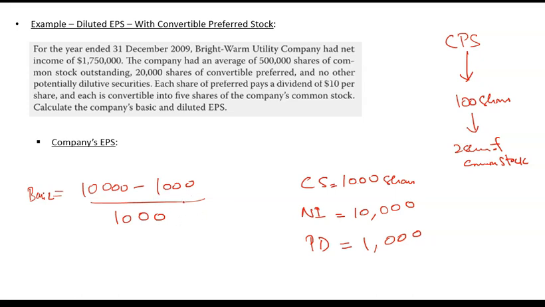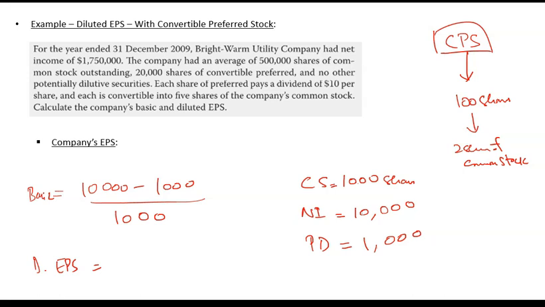Now let's say I am assuming that this preferred stock that is convertible has been converted into common shares. That is, I am calculating the diluted EPS. So for diluted EPS, the assumption will be that this convertible security has been converted into common shares. If I have converted it into common shares, what will be my net income available to common shareholders? 10,000.